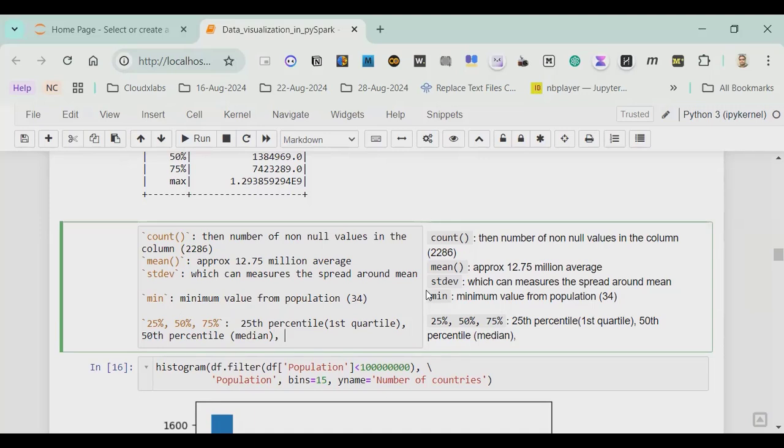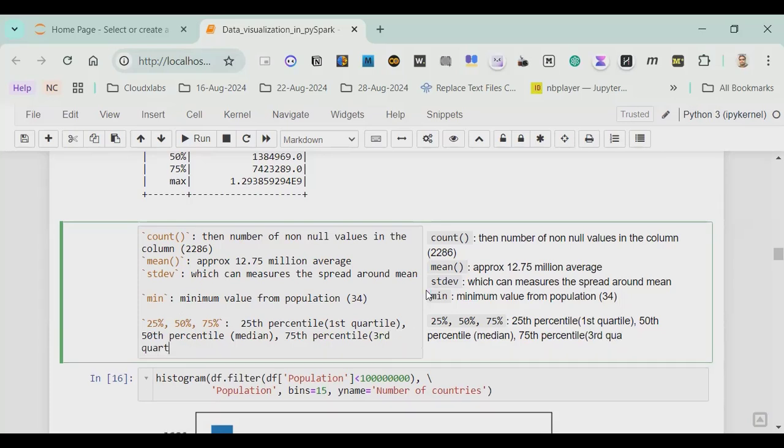And the third indicates the 75th percentile, which is also called the third quartile. So these are the pieces of information provided for us.